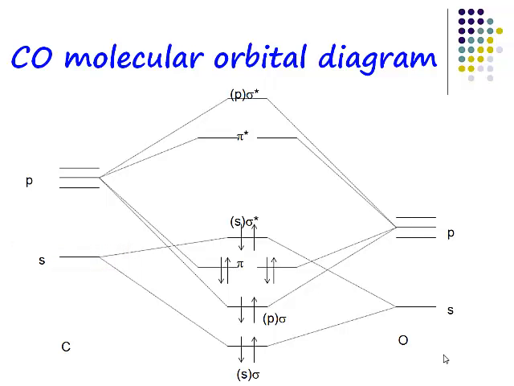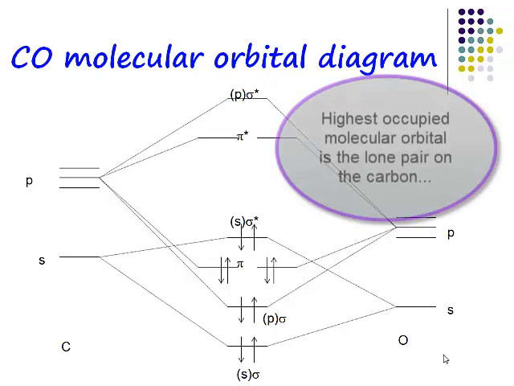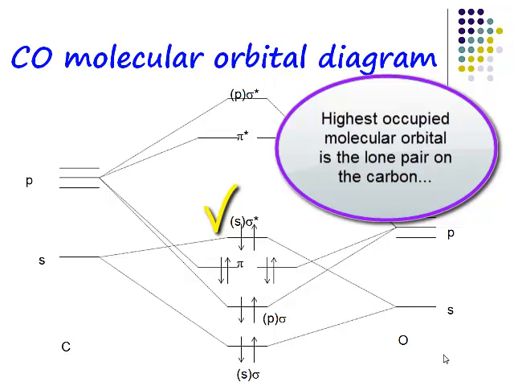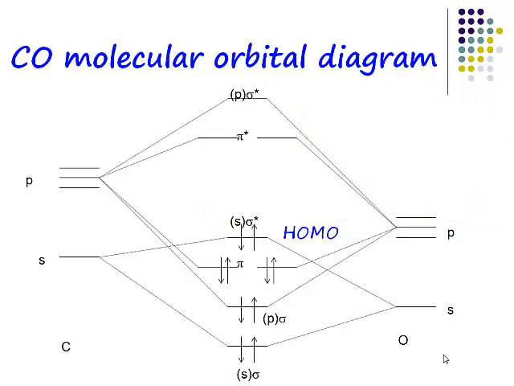So for a synthetic chemist, the highest occupied molecular orbital, the HOMO, is essentially the lone pair on the carbon that we consider donating. So the HOMO is a lone pair on the carbon. Right, if this is the HOMO, we're probably on the right wavelength now. What do we call these two degenerate orbitals here?